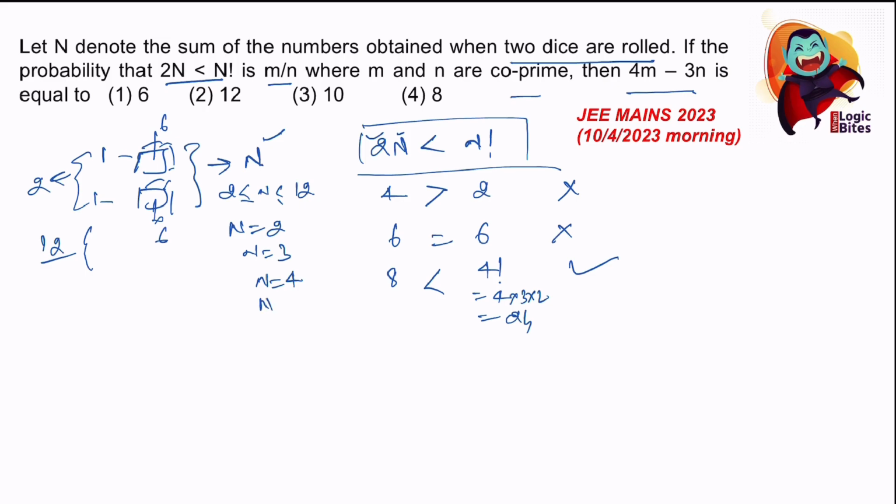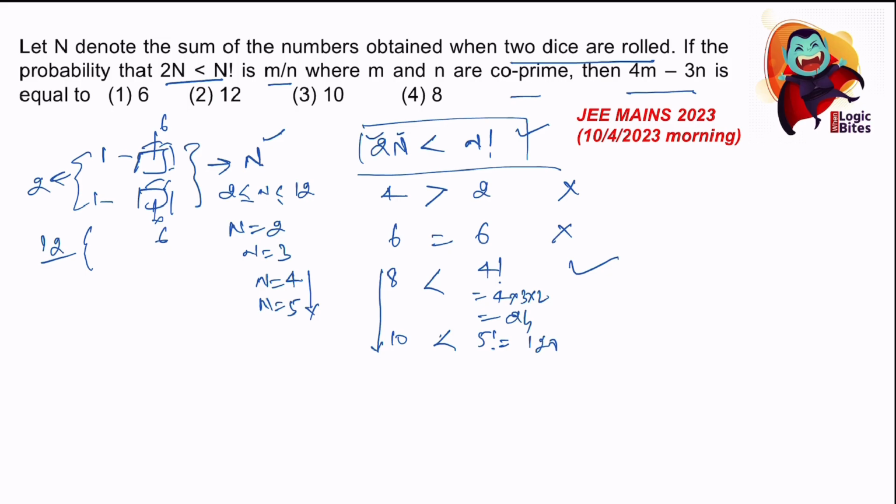When n is 5, this will be 32, and factorial of 5 will be 120. So we can see that as we move from 4 onwards, the requirement will be met.